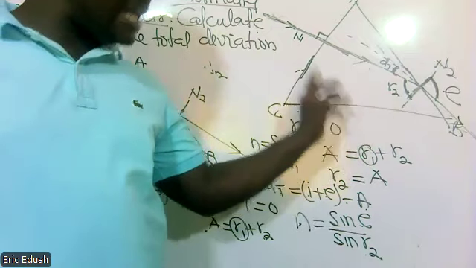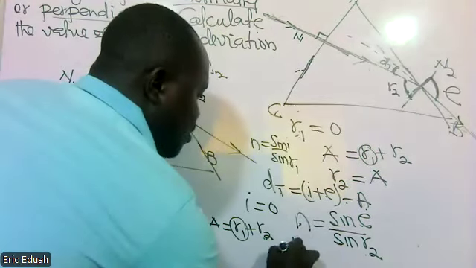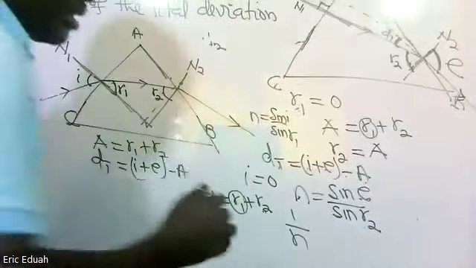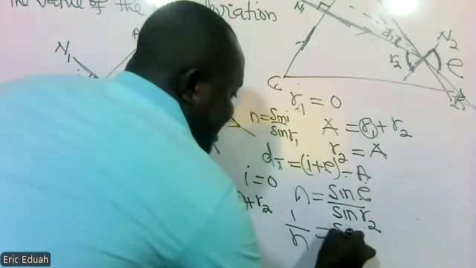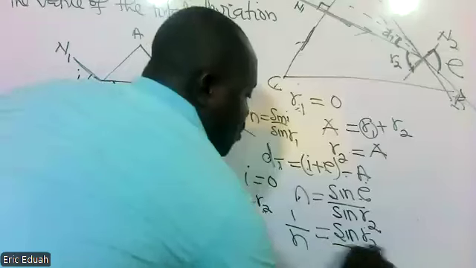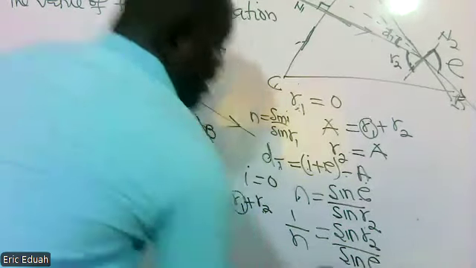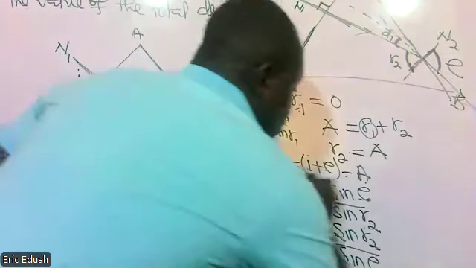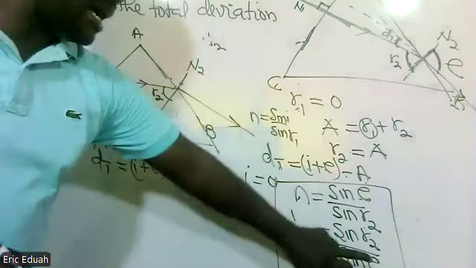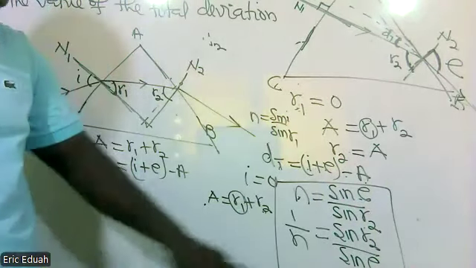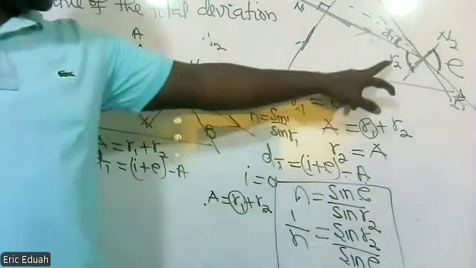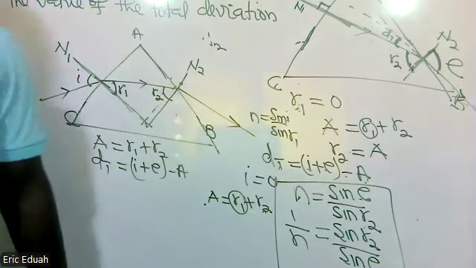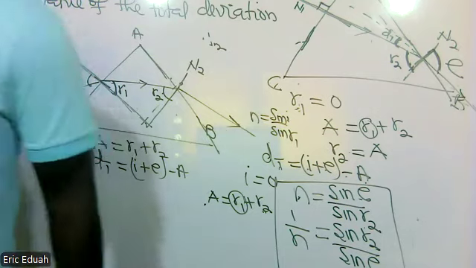If you are going from glass to air, then it is 1 over n, because it's the reverse refractive index. 1 over n will be equal to sine R2 over sine E. These two relations will give you the same answer. Once you are able to determine E, you can easily substitute it into this relation, subtract A from it, and you have it. Please, is there any question?